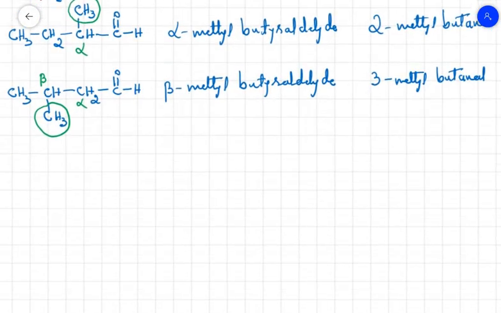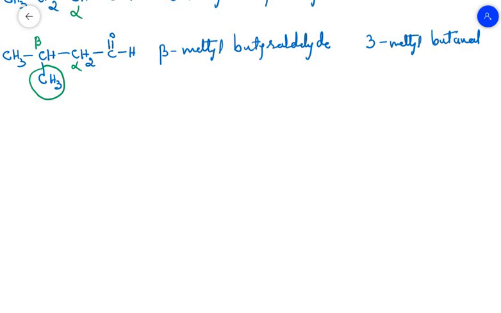So the next compound will be CH2 double bond CH, single bond C double bond O and H. The common name of this compound is acrolein.